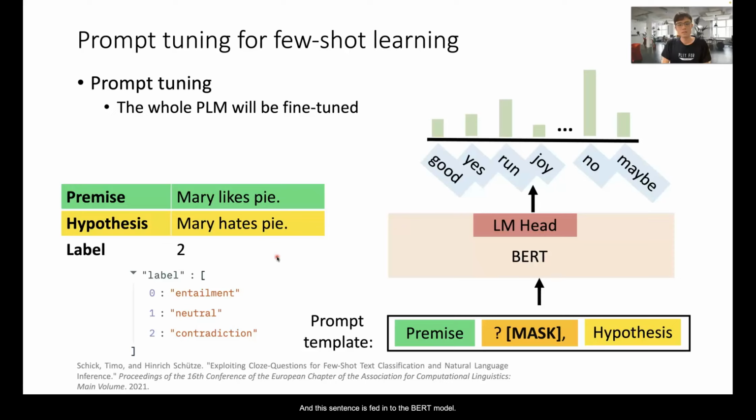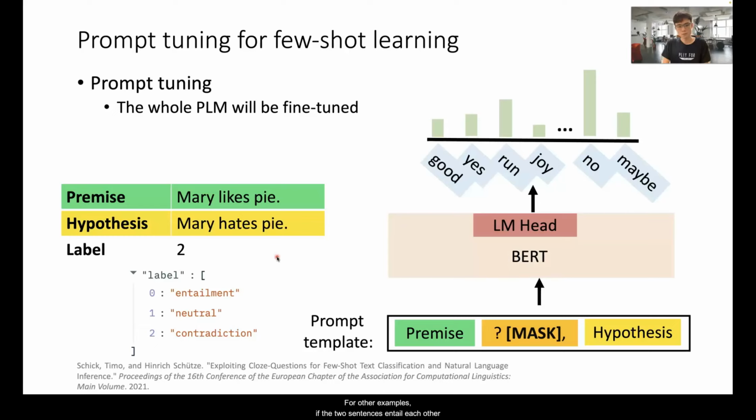This sentence is fed into the BERT model. During fine-tuning, the BERT model should learn that since the premise and hypothesis contradict each other, the mask token should be filled in with the word no. So the complete sentence is: Mary likes pie, question mark, no, comma, Mary hates pie.